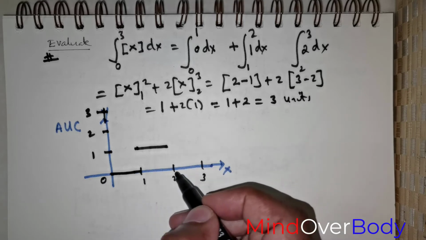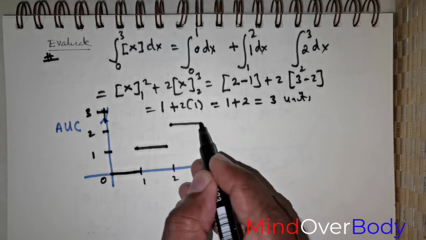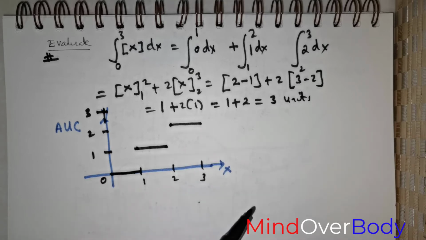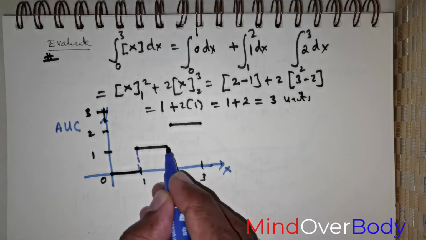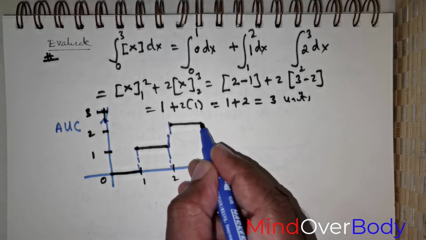There's going to be a break, and it will start from 2 and it will move up to 3. So this is how the step graph looks for the greatest integer function. So if we were to find the area under the curve, then this is how it will look.